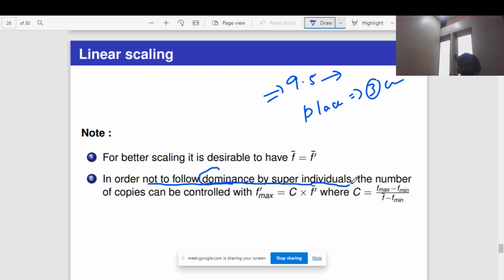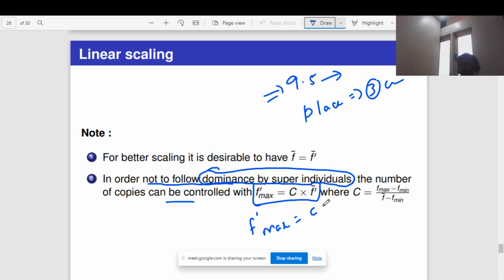So dominance by superior individuals should be controlled after a certain limit. In order not to follow dominance by superior individuals, the number of copies can be controlled by this formula. For one superior individual, how many times can he occur? He can occur only f dash max times. He cannot go beyond f dash max.